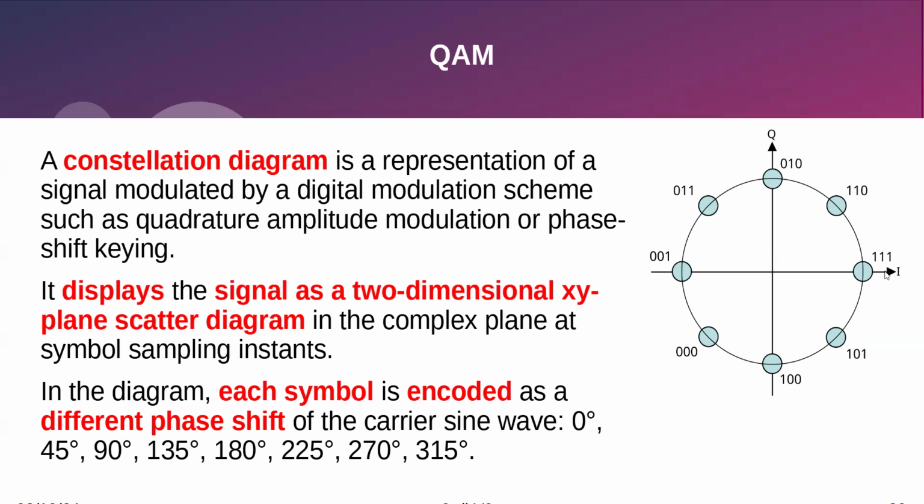For 111, it's zero phase and whatever that radius is, amplitude positive. Over here at 001, it's negative, whatever that amplitude is. And then 010 and 100 are the same amplitude, but different phases, plus and minus phase shifts.